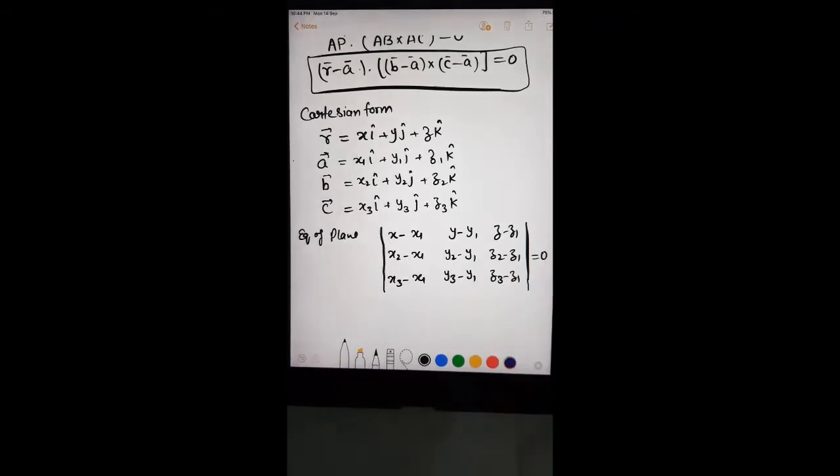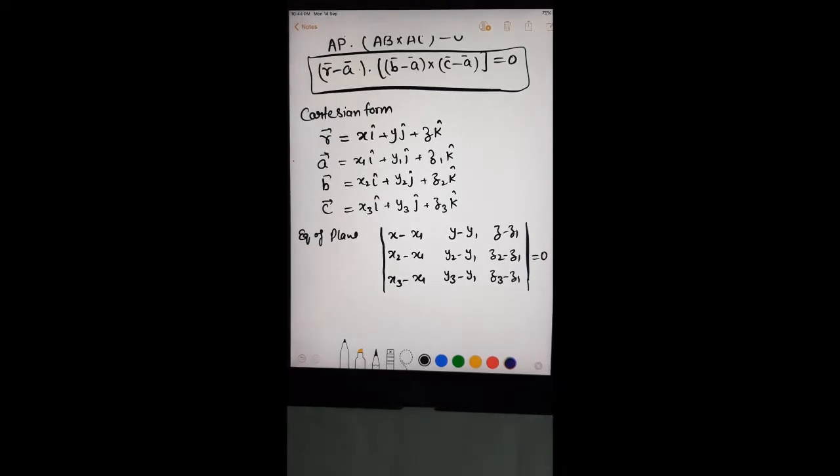It is equal to 0. So by using this determinant, we can find the equation of plane passing through three non-collinear points, and these three non-collinear points are x1 y1 z1, x2 y2 z2, and x3 y3 z3 respectively.